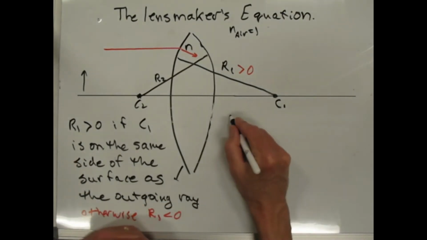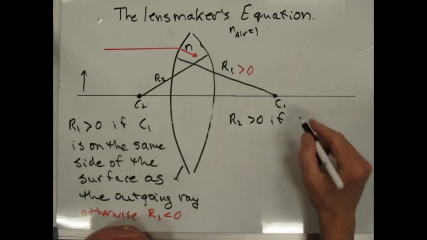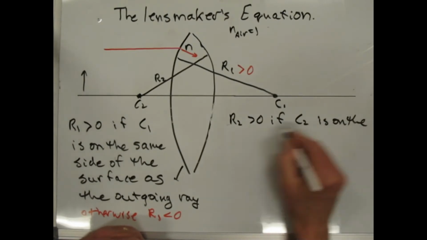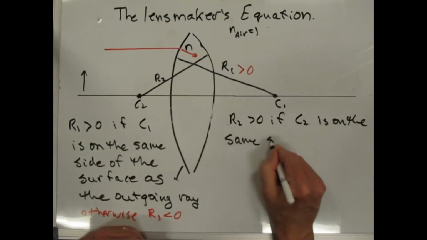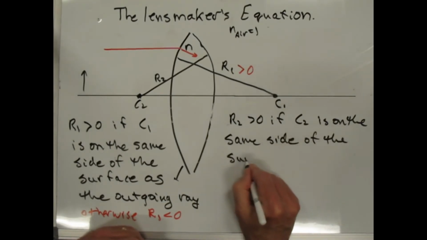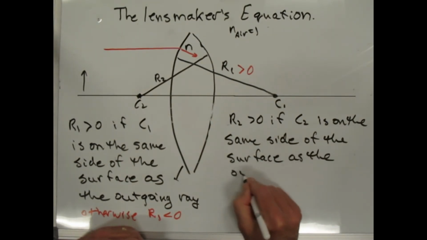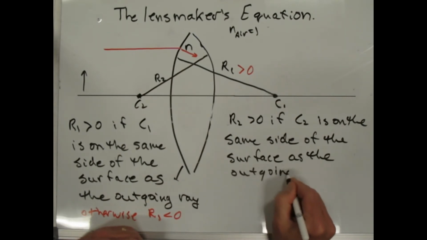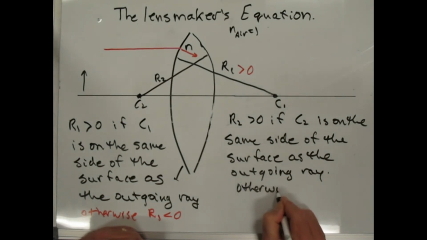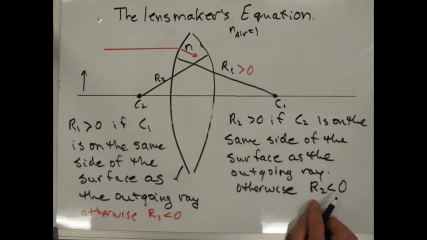I say, look, R2 is greater than 0 if C2 is on the same side as the outgoing ray, otherwise, the radius of curvature is less than 0.